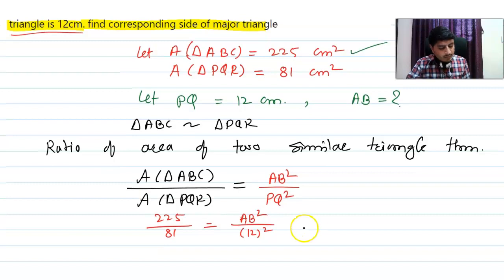We have to evaluate the value of AB. For finding the corresponding sides of similar triangles, we take the square root on both sides. So the square root of AB square is AB, of 12 square is 12, of 225 is 15, and of 81 is 9.